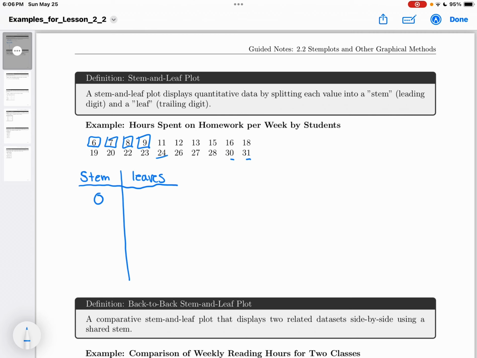Now, we go all the way up into the 30s, so our stems are going to be 0, 1, 2, and 3.